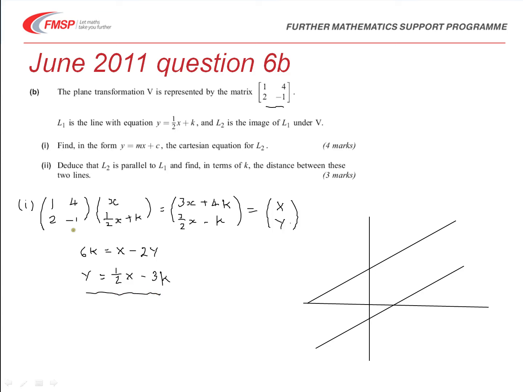Now in part 2 we got to deduce that L2 is parallel to L1. Well, remember what L1 is. This is L2 here. L1 is the line y equals a half x plus k.